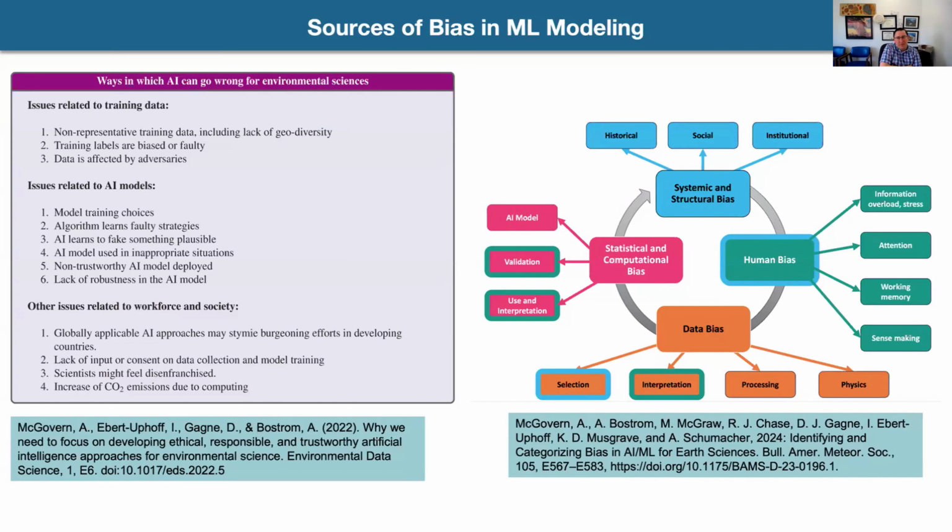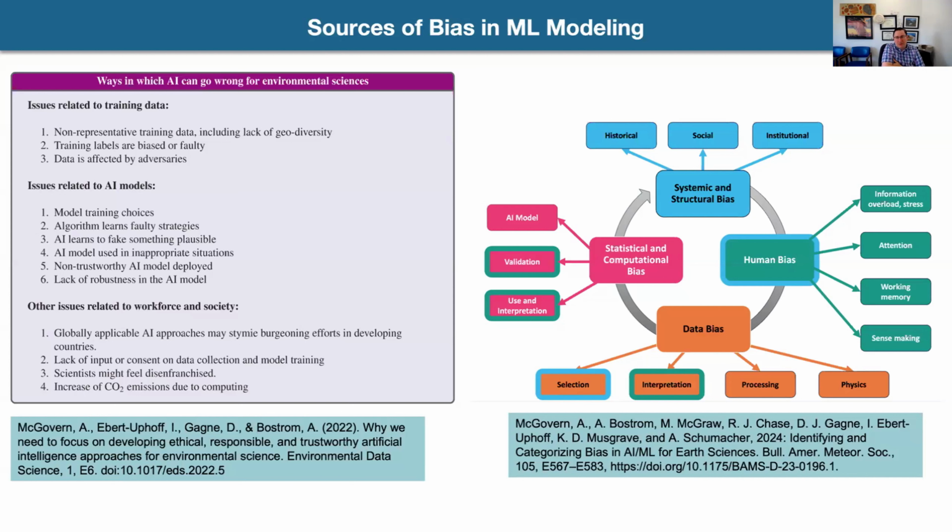Especially if you have non-representative training data. If you only gather your data in one part of North America and you want to apply it in South America, the model may perform very poorly.